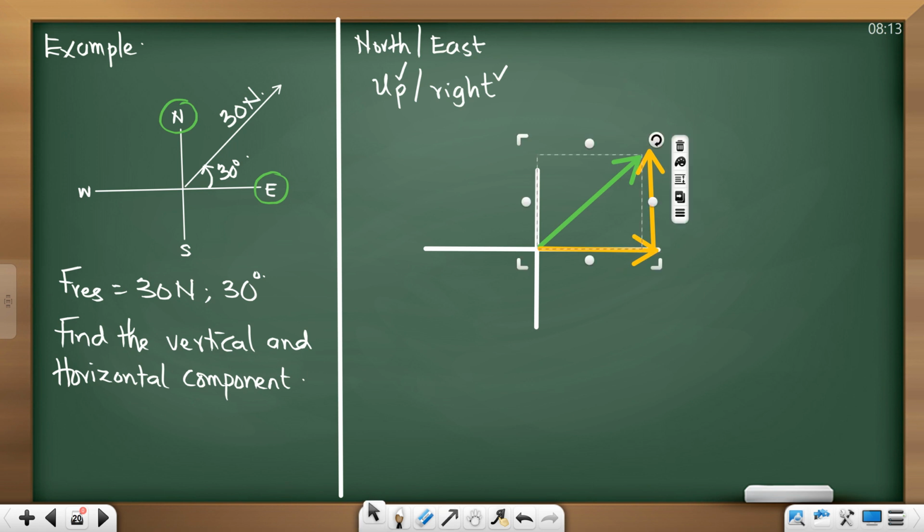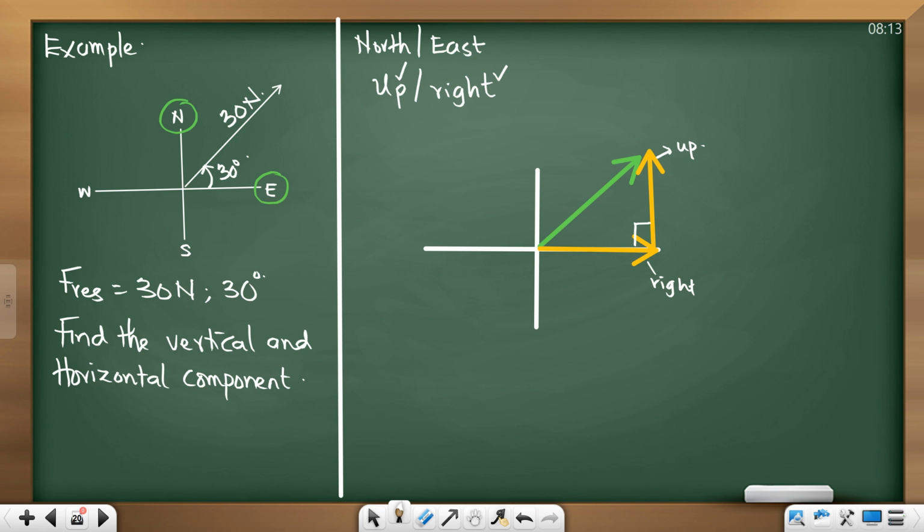The aim is to form what you call a right angle triangle. Let me know if that makes sense, guys. This is now the right, which is the east. And this is up. You are forming a right angle triangle. Beautiful. And once you form a right angle triangle, you now have 90 degrees.